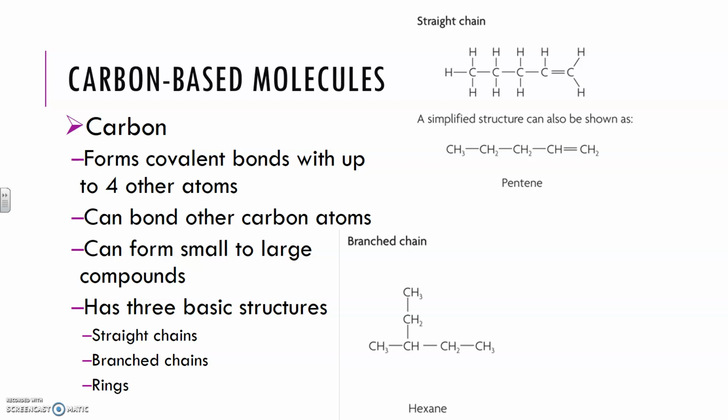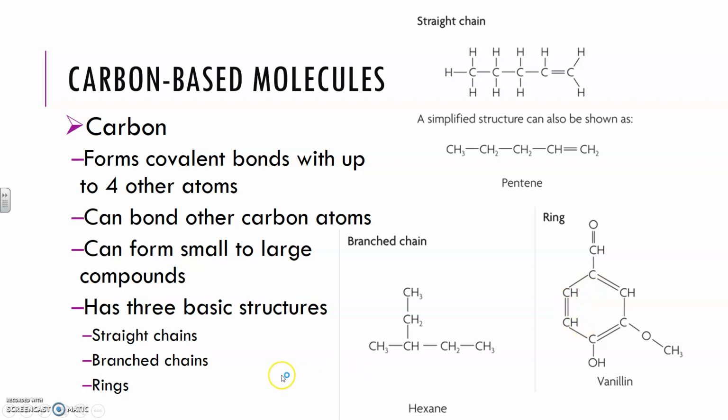And then finally, you also can have rings. So these are just the basic structures. There are some other weird ones that can get added in, but we're not going to look at those in this class. So ring structures obviously form a loop of carbons. So here you've got the 6 carbon backbone that forms a ring structure. This ring here, if you exclude everything that's on the outside, is actually called benzene.